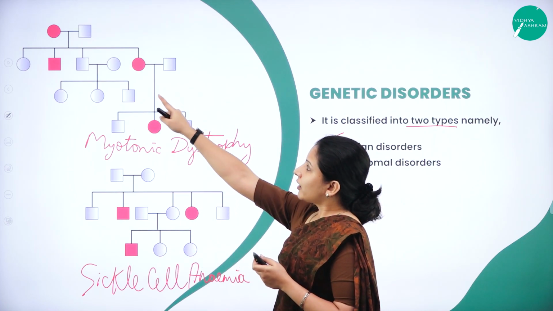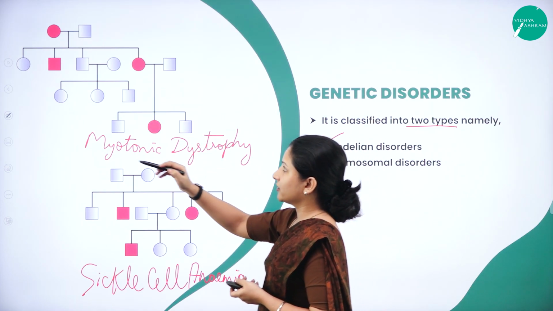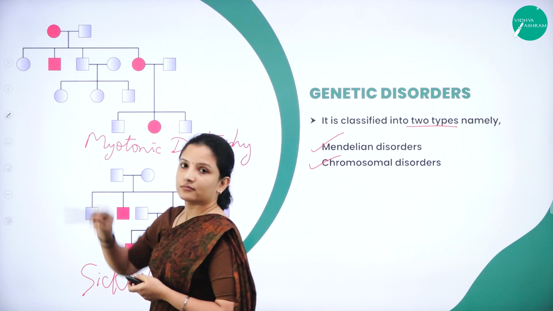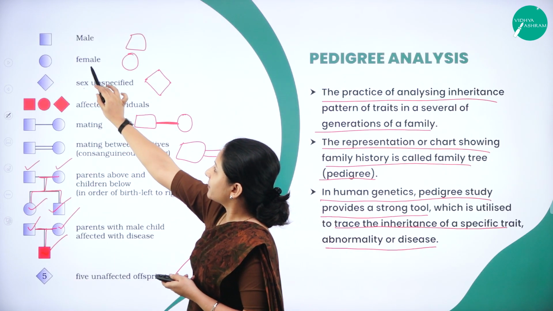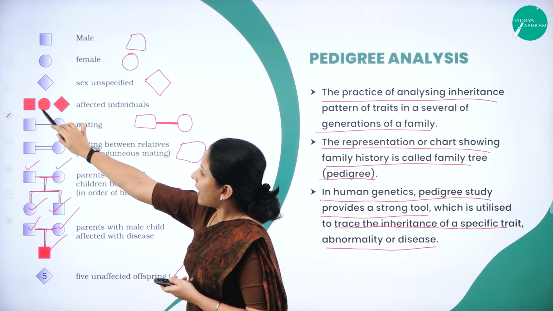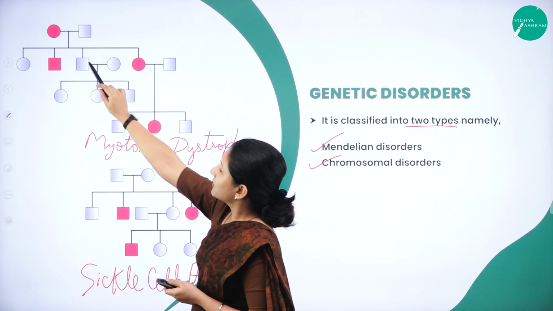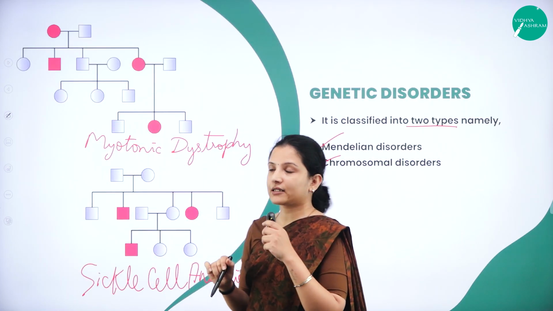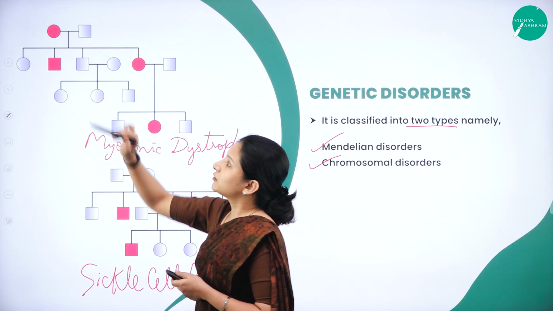So I hope you know now what is that round symbol that is red in color here. This is female, right? Why female? See here, female is represented in round and affected female is represented in red color round. It means that the female is an affected female. So affected female with normal male.